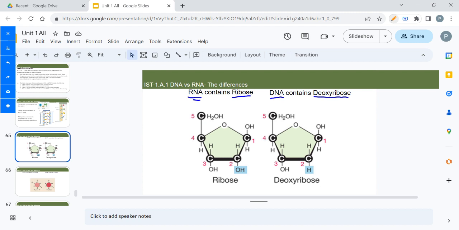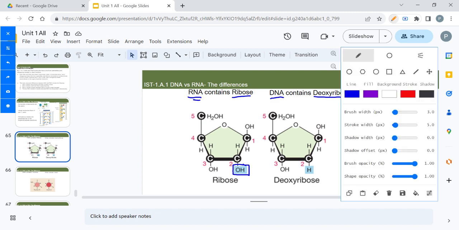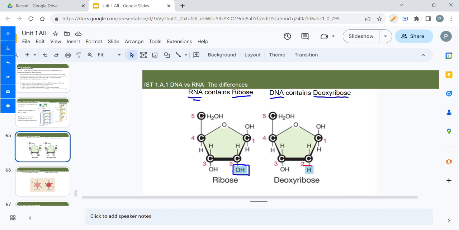In the case of ribose, there's going to be an OH group right down here on the 2 position of our sugar. And over here, we have an H. Deoxy means that you have removed an oxygen. Super simple. So that is one key determining factor.